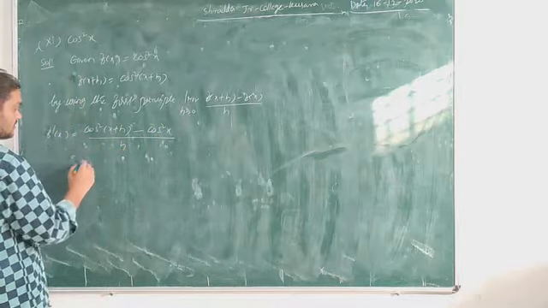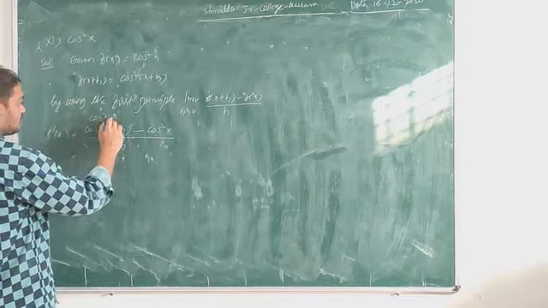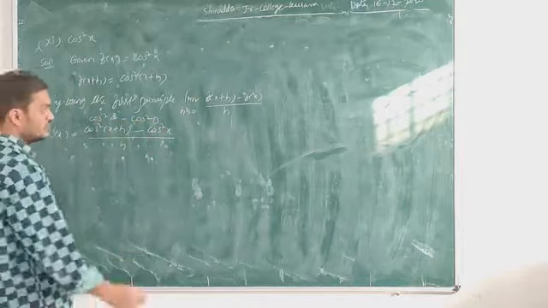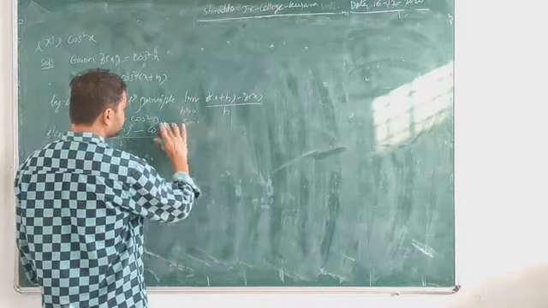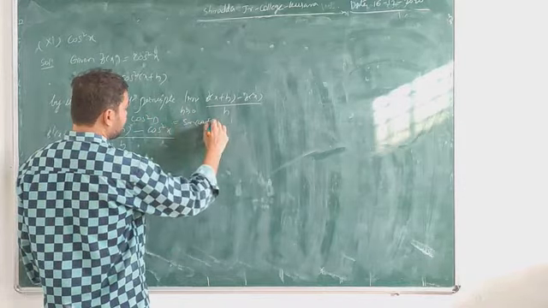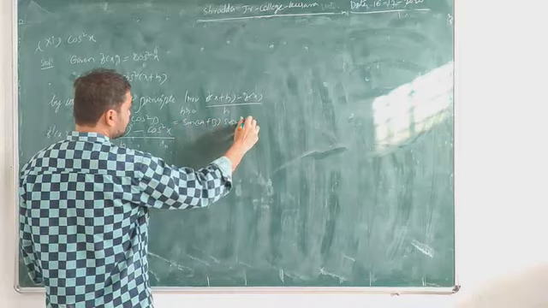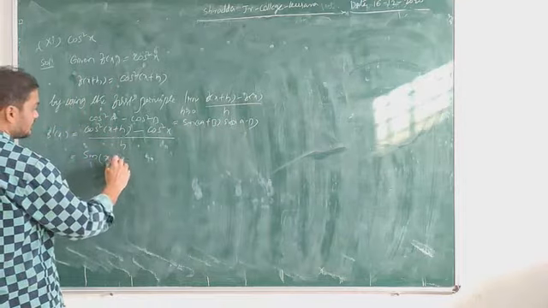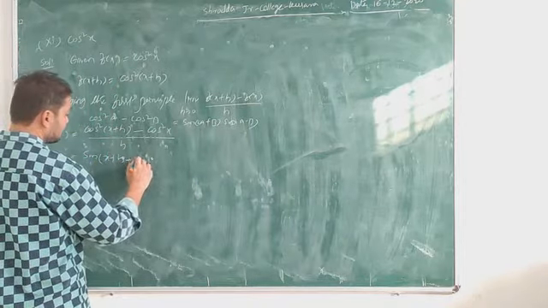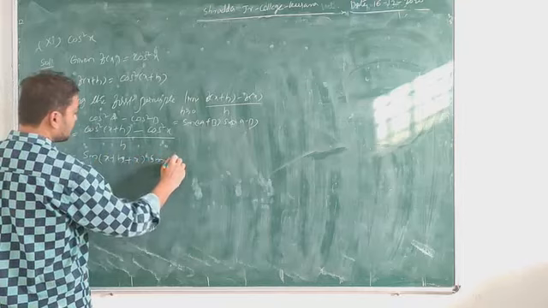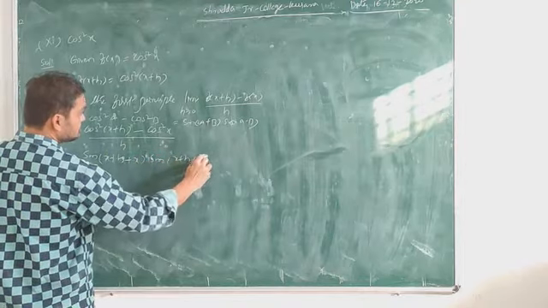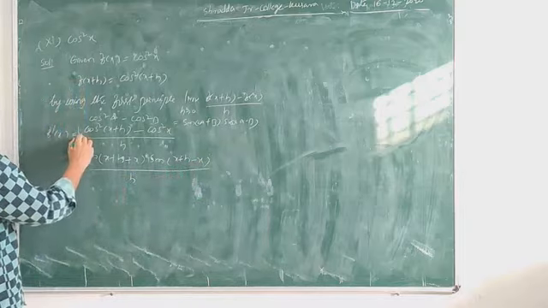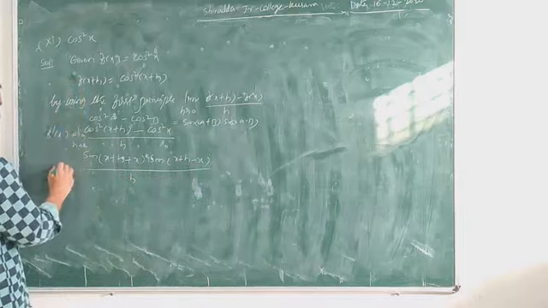Now see here, this is in which form? Cos square a minus cos square b. What is the formula here? Sin(a+b) into sin(a−b). Now sin(a+b) into sin(a−b) by h, limit h tends to 0.